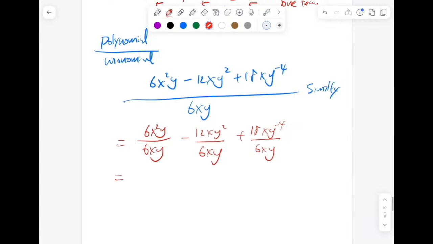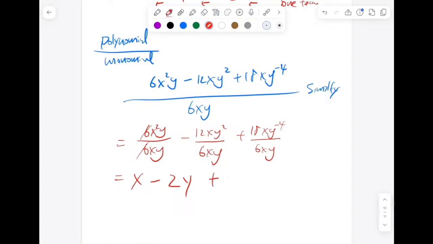On this side, 6 and 6 cancel out; y and y cancel out; x squared over x is x. Minus 2, the x cancels out again. y squared and y cancel out, leaving 1 y. So it'll be 2y. See, it already looks much simpler than before.